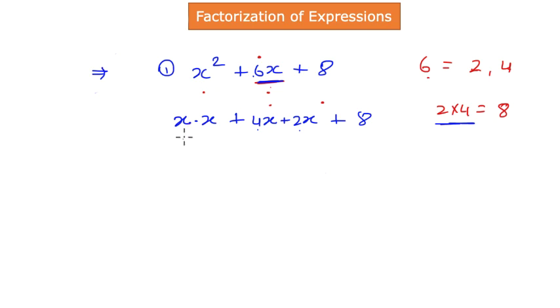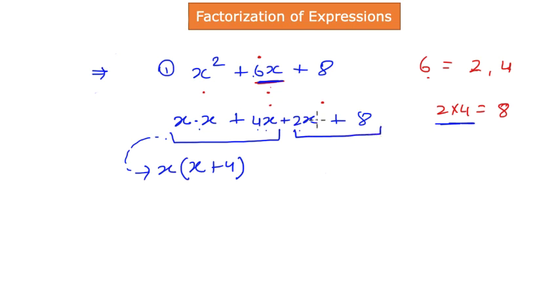Now I can take something common out of the first part, the x square and 4x, and that can be written as x times x plus 4, right? I am just applying the distributive law on this one side here, okay? In the second part, which is 2x plus 8, this can also be written as plus 2 goes outside the parenthesis and what remains inside the parenthesis is x plus 4.